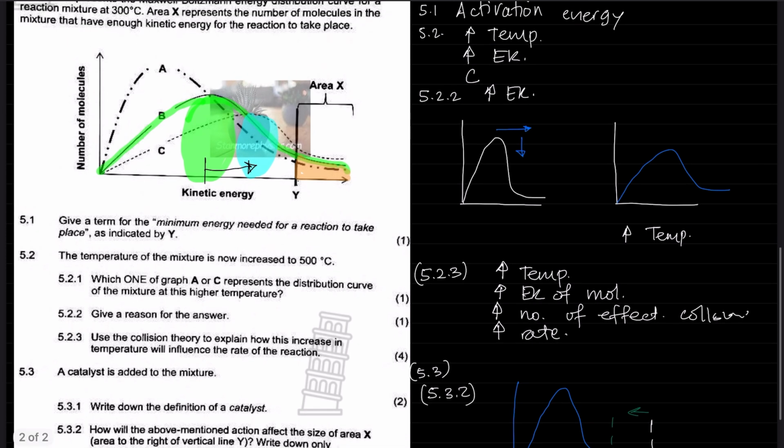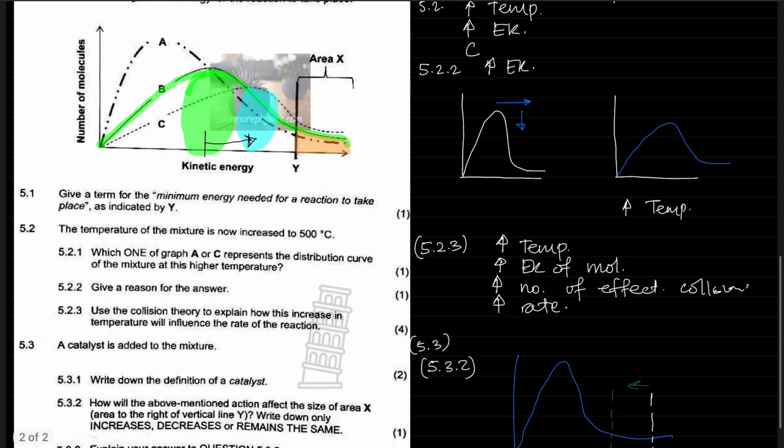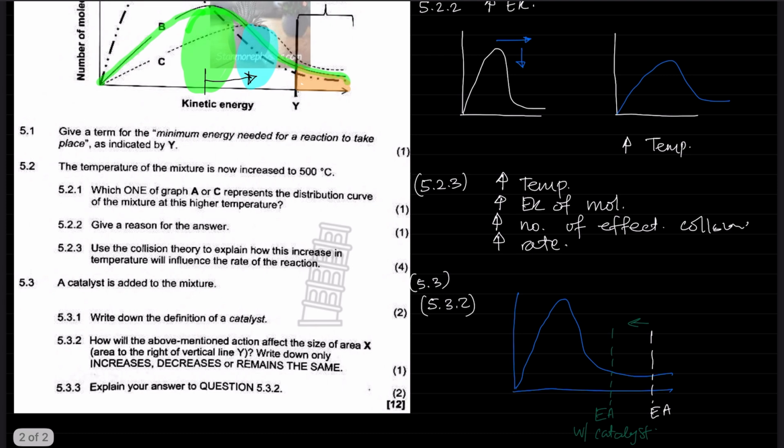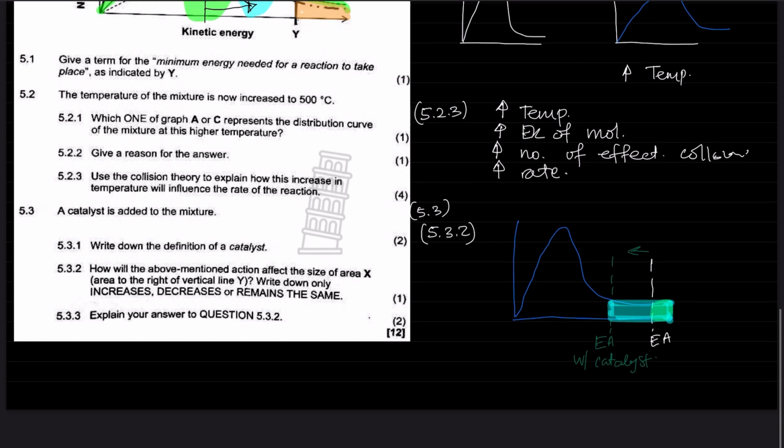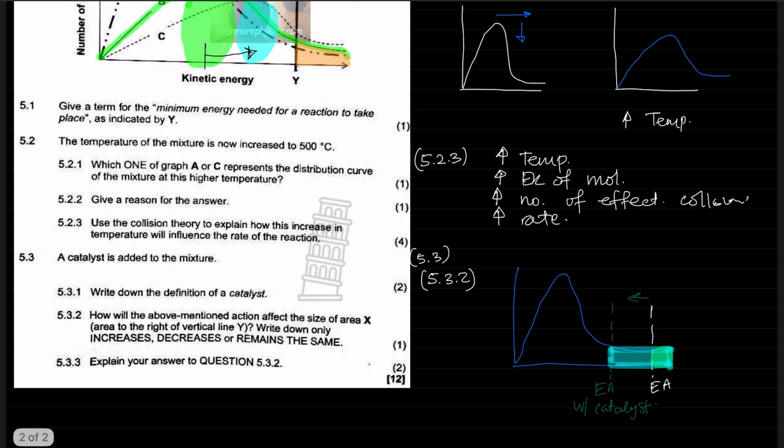Now recall earlier, area X represents the number of molecules that have enough kinetic energy. So if a catalyst decreases that activation energy, the number of molecules was this amount, and now the number of molecules is going to be this whole amount here. So adding a catalyst will increase the area. And explain your answer, we've already done so.